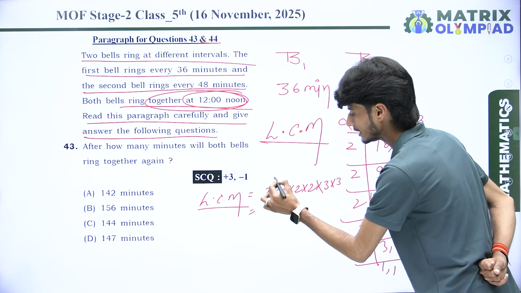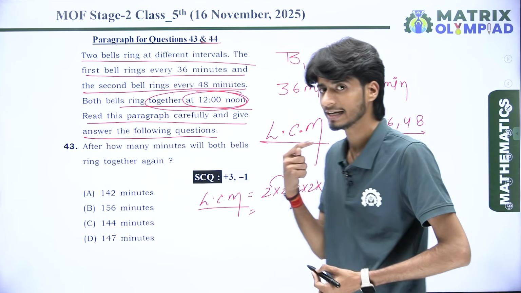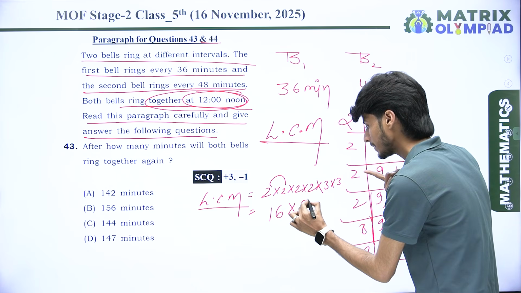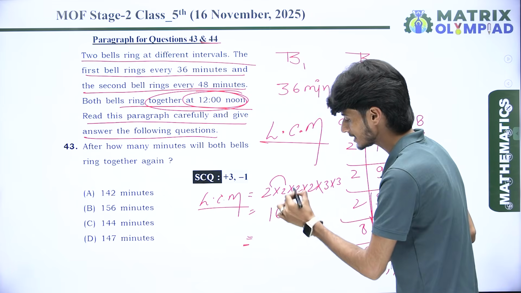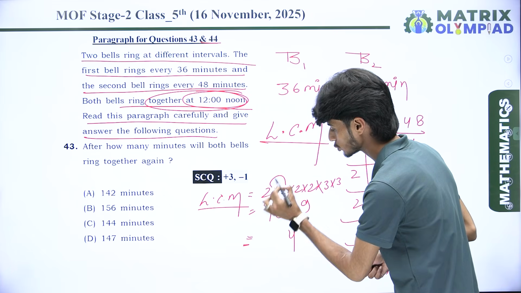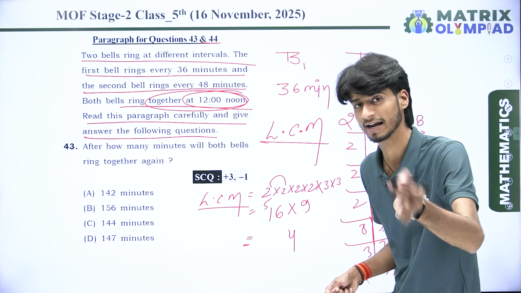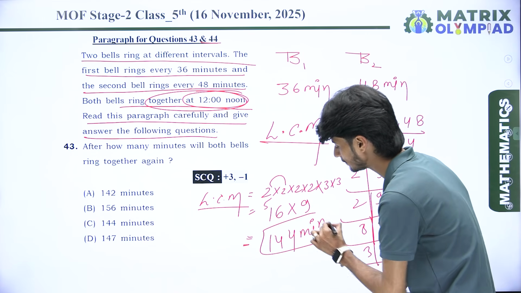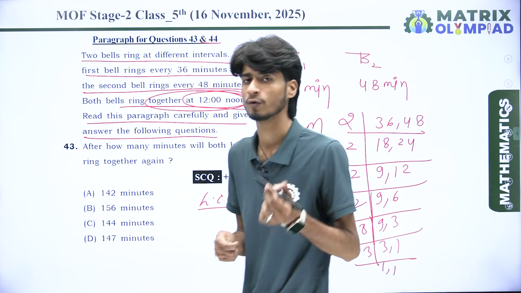That means 2 multiplied by 2 is 4, 4 2s are 8, 8 2s are 16. And when 16 is multiplied by 9, 9 6s are 54. Then carry goes to 5. 9 1s are 9. 9 and 5 is 14. So the common multiple time is equal to 144 minutes.